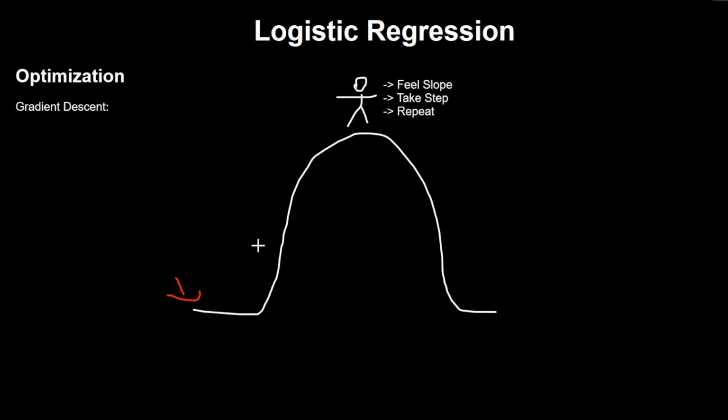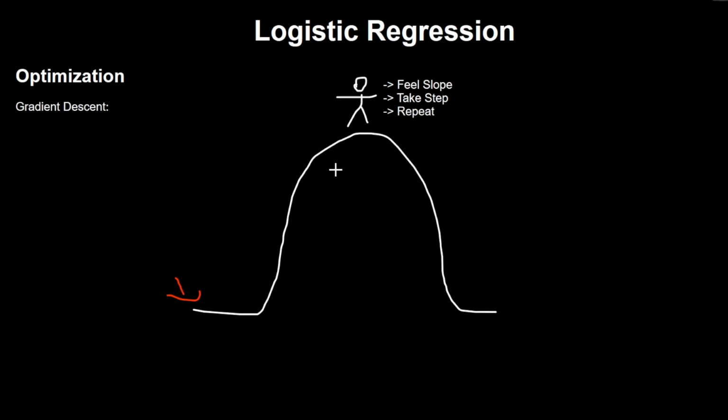So how can you reach the lowest point? Your strategy would be, first we have to feel the slope at the point. So you determine the steepest downhill direction. If it's steeper this side, you will go this side, or if it's steeper this side, you will go this side. So you'll go in the direction of the negative slope. So you will take a step.